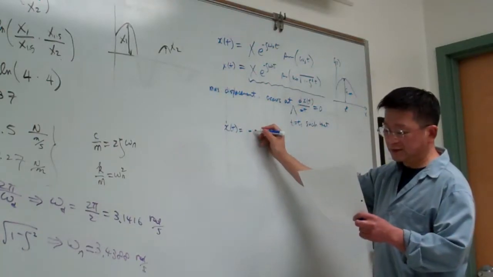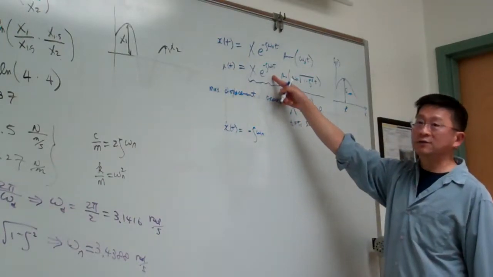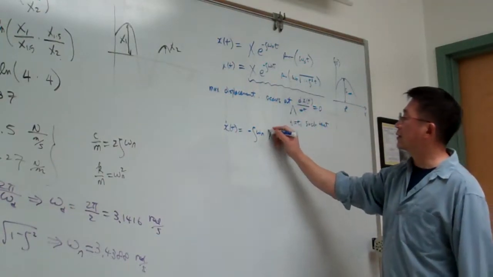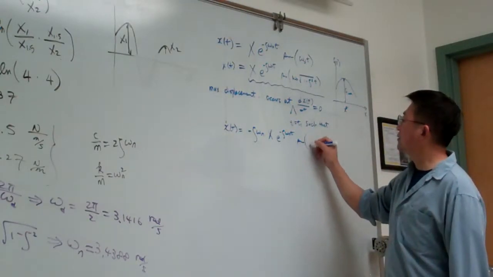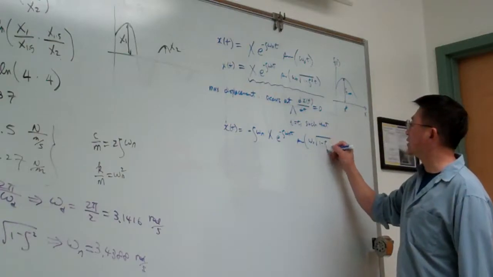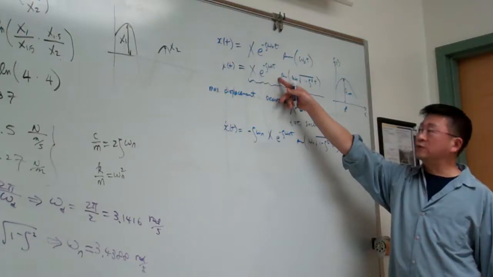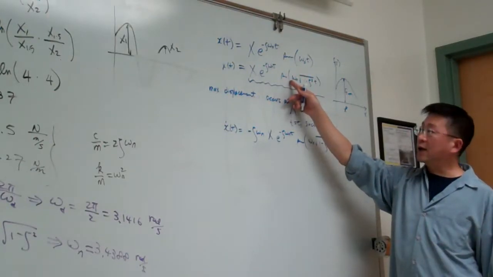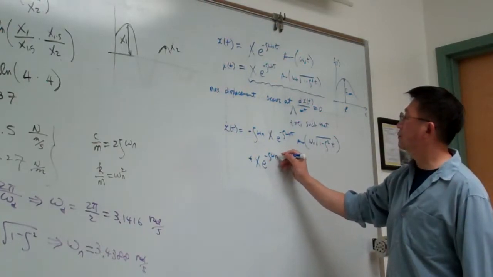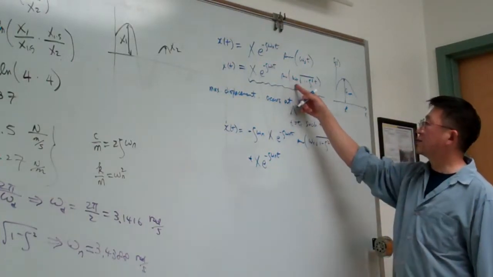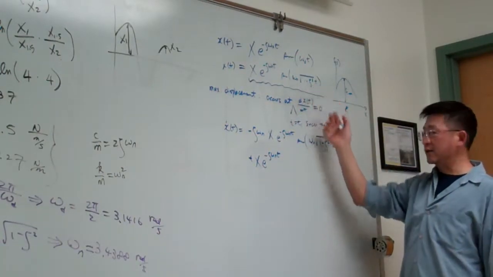So that will be minus zeta omega n, taking the derivative on this term, times capital X e to the minus zeta omega n t and sine of omega n times the square root of 1 minus zeta squared t. And then I take the derivative on the sine, and that will be equal to capital X. Taking the derivative on sine, basically we apply the chain rule layer by layer to get to that one.